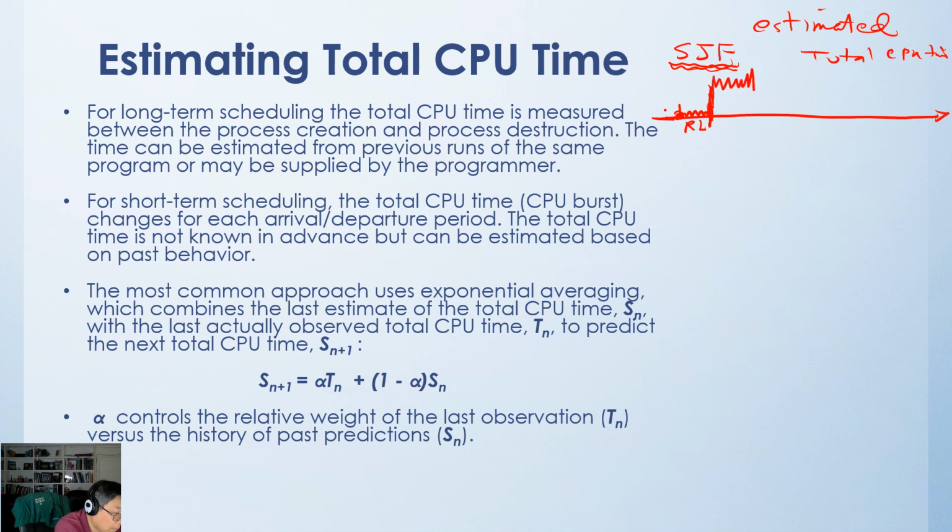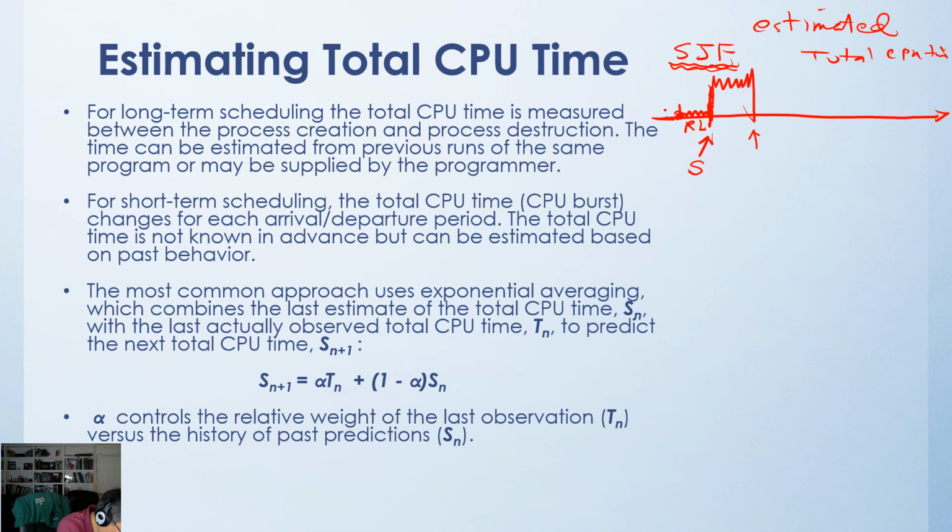After it stops the execution, the operating system measures the actual total CPU time. So in this case, there are two data. One is the estimated CPU time, and the other one is the observed CPU time. The decision is made by the estimated CPU time.